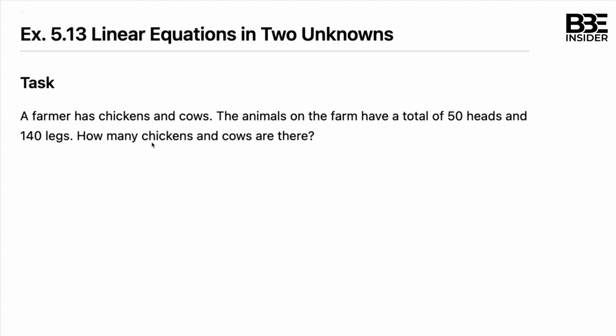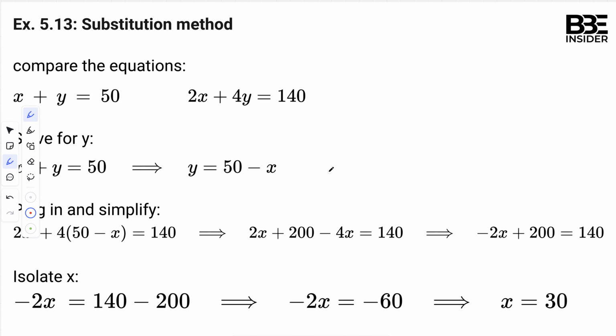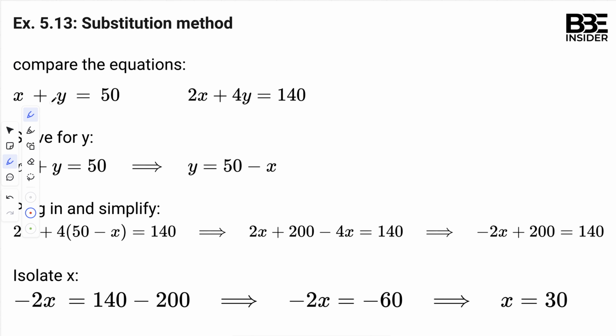So let's define a variable for chickens and for cows. Let's say that chickens are represented by X and cows are represented by Y. We need to remember this information and turn it into a system of equations. As we said, both animals have one head each.